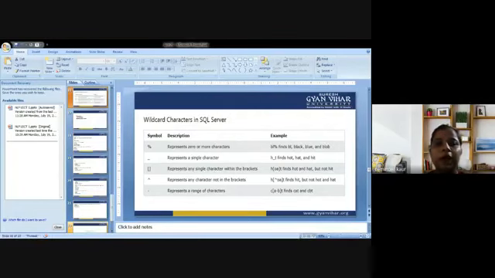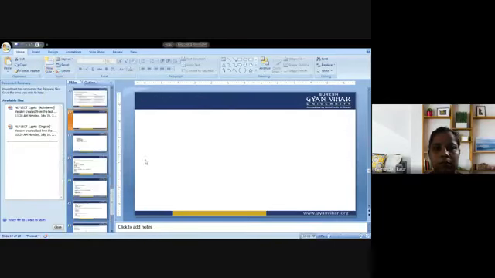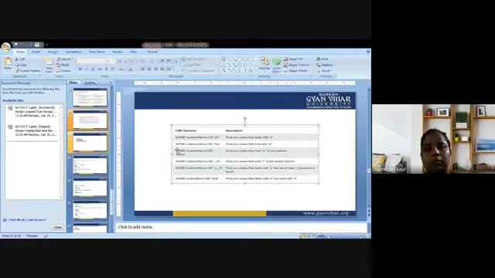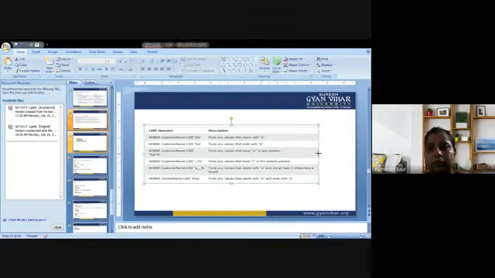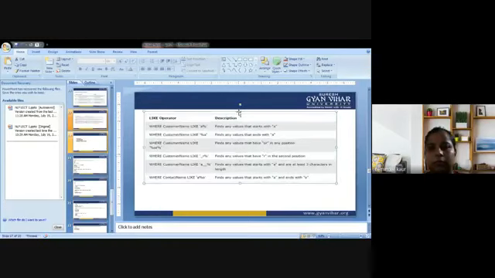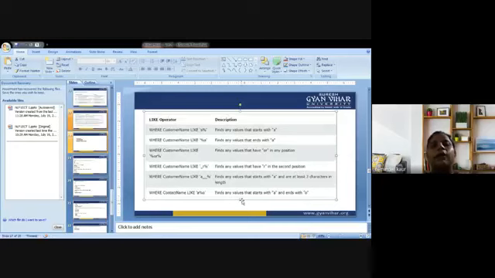Now there is a description for the LIKE operator. Where customer name like 'A%' finds any value that starts with A, which we have done recently.